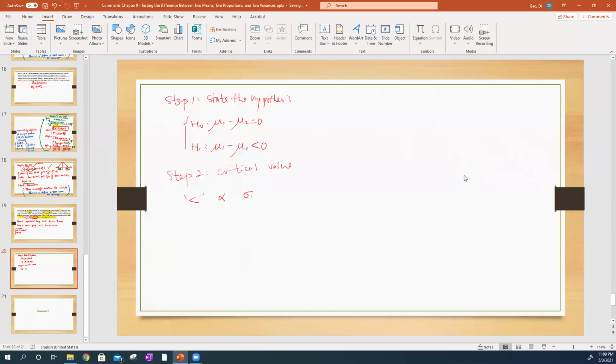And also sigma 1, sigma 2 unknown, and assume sigma 1 equals sigma 2. So from that smaller than sign, we know for the critical value, we have a negative sign. We call it one tail left, right?